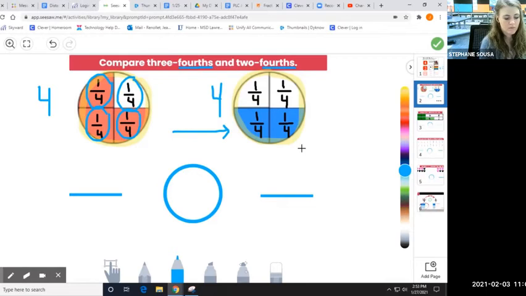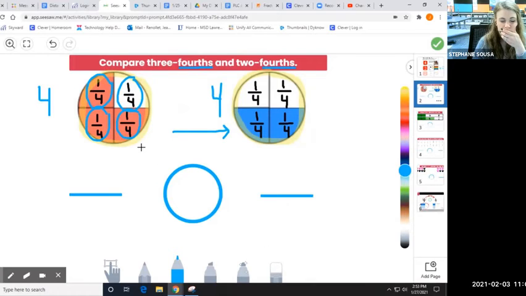Next, I can shade and count up my unit fractions to represent the given fraction. So let's take a look at that. I'm going to compare 3/4 or 3 1/4.